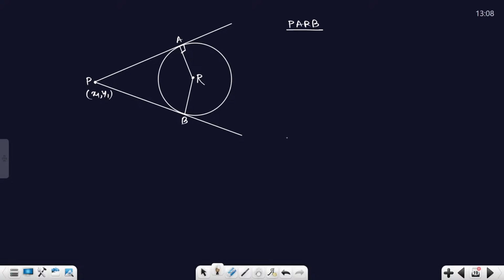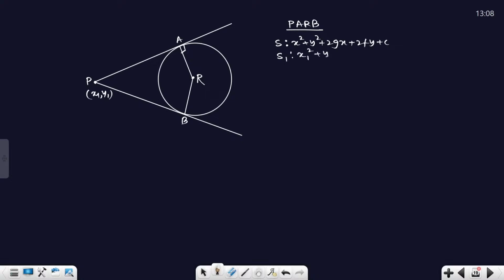Now we have to find out the area of this quadrilateral. Let us say the equation of the circle S is x square plus y square plus 2gx plus 2fy plus c. So what is the power of the point x1, y1 with respect to this circle?